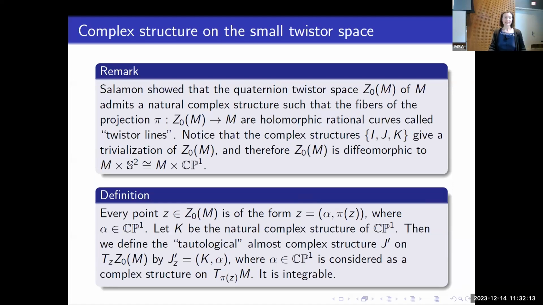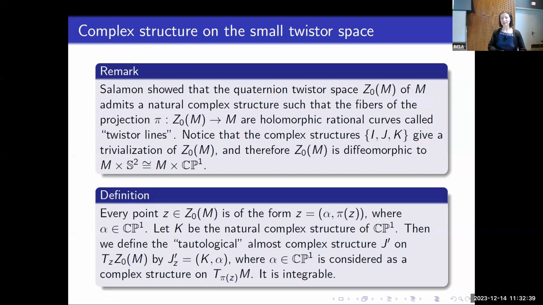So Salamon showed that the quaternionic twistor space Z0 of M, which is the small twistor space, admits a natural complex structure. So this is the same tautological almost complex structure that we defined earlier, but in this case it's integrable, so it's a complex structure.